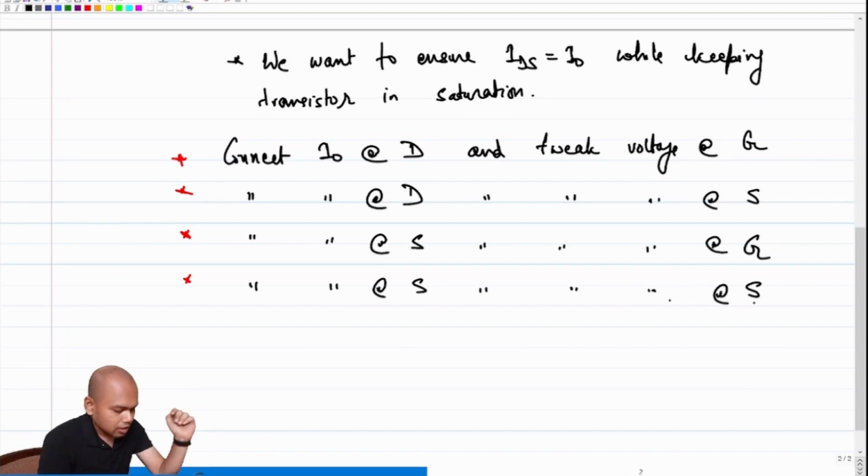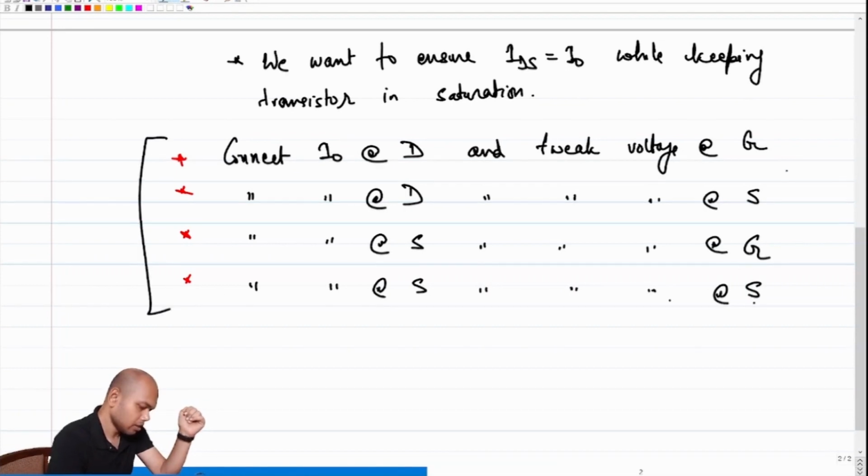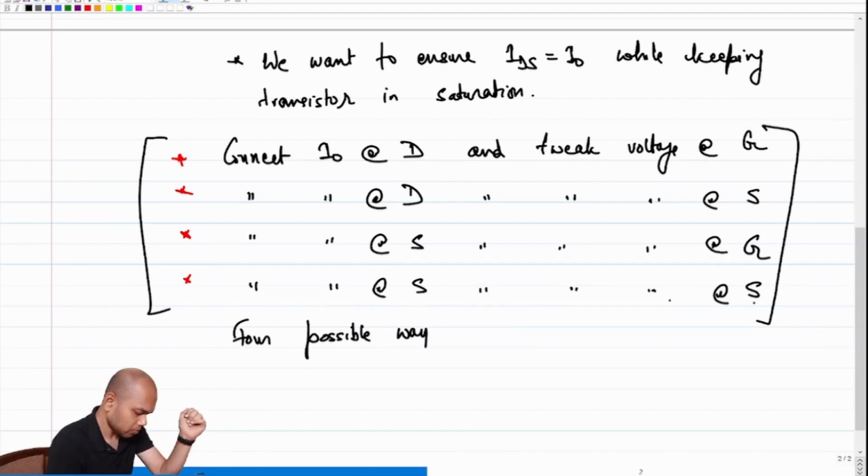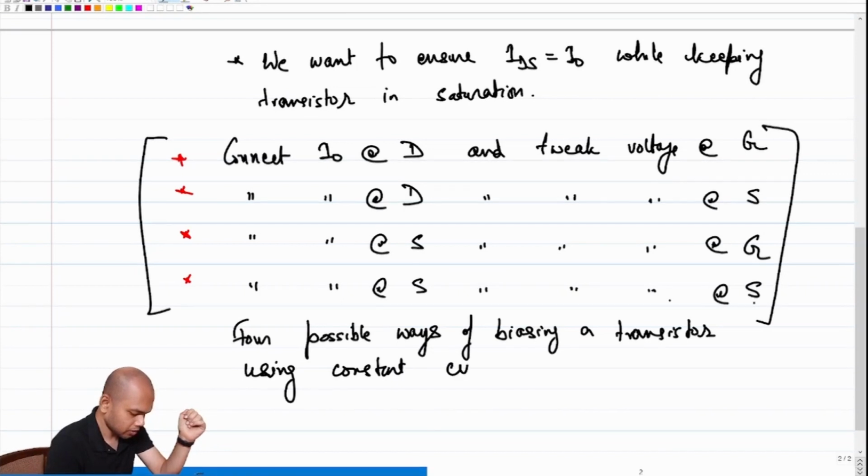So these are the four possible ways of biasing a transistor using a constant current source.